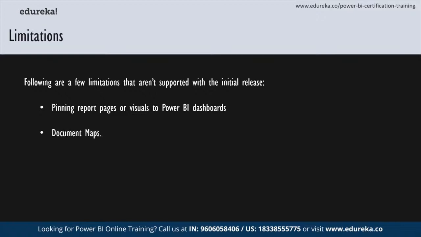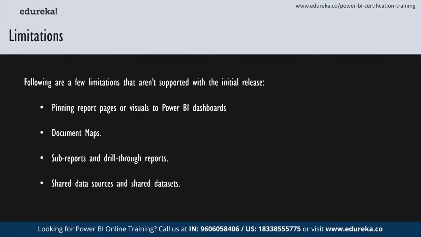Second, you cannot use document maps. Third, sub-reports and drill-through reports are also something you cannot do. You may consider using URL parameters with paginated reports to achieve the drill-through scenarios though. And one that I have mentioned before is that you can't use shared data sources and shared data sets.